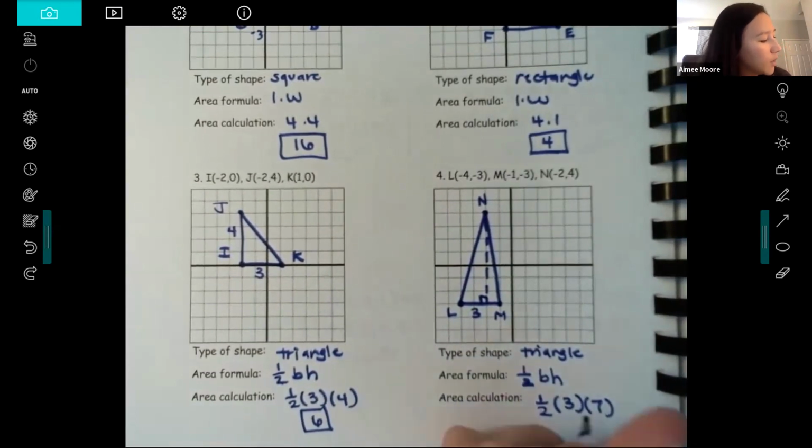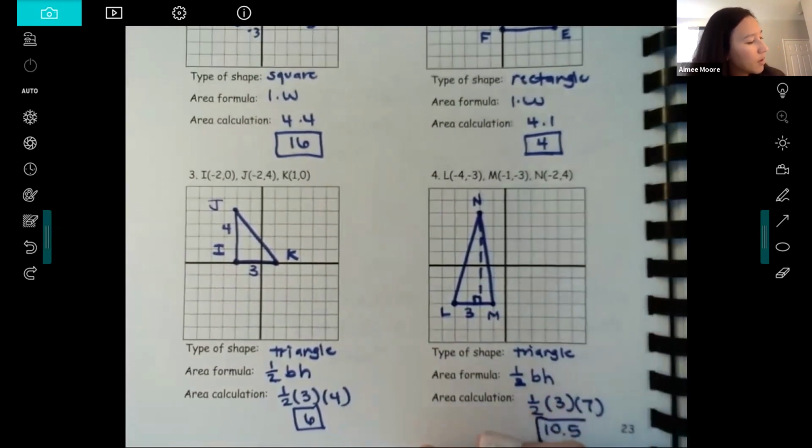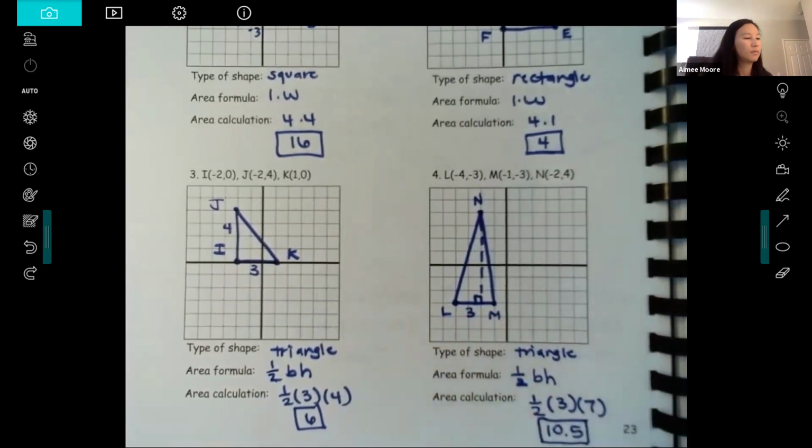And then if we cut 21 in half, that would be 10.5. Any questions, Jade? No, I got that one too. That one was pretty easy.